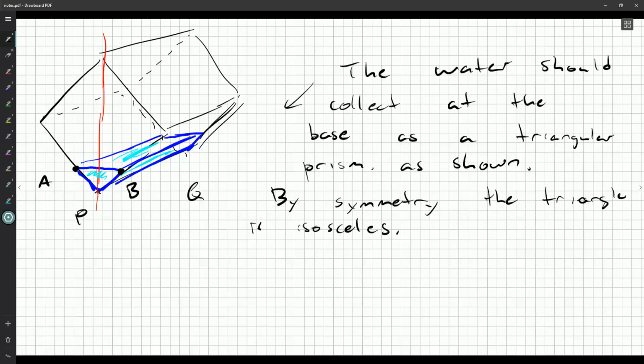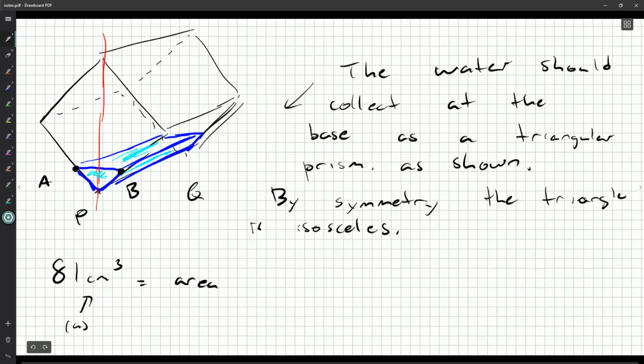Alright, now from A, we know the volume is 81 centimeters cubed. How do you find the volume of a prism? Well, it's the area of the one side times the total length here, which is going to be the same 9 centimeters.